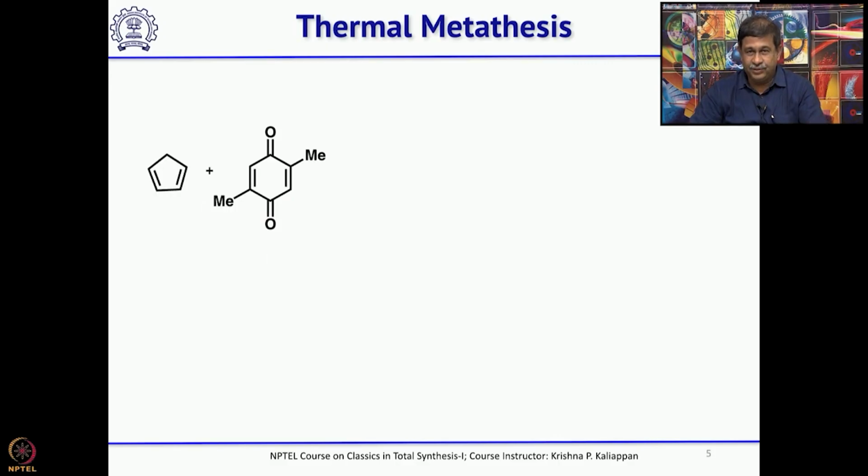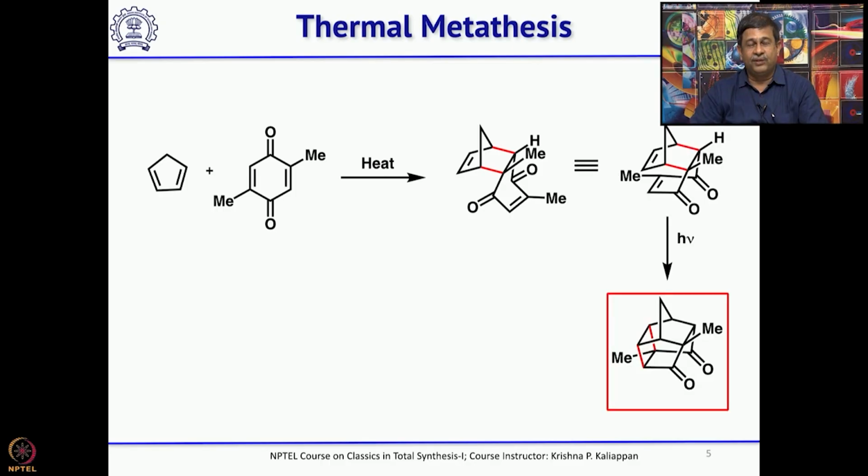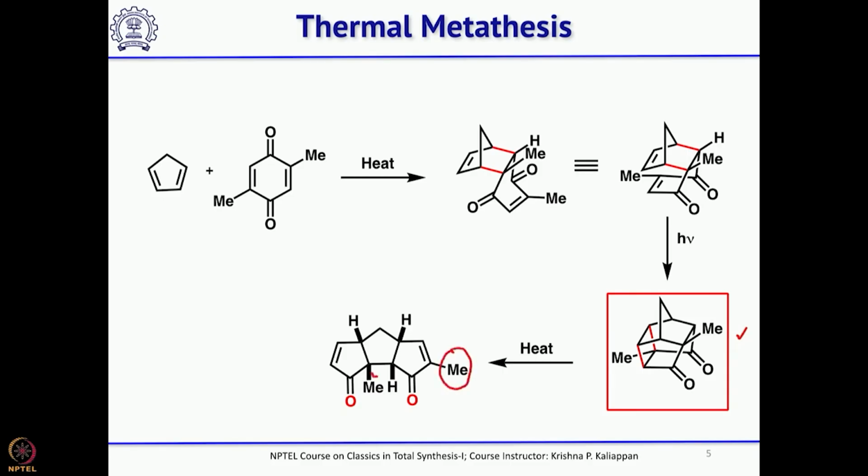So, instead of benzoquinone, if you use 2,5-dimethyl benzoquinone, you will get this tricyclic intermediate. This upon intramolecular 2+2 cycloaddition under photochemical conditions will give you this strained compound. Okay. Then you do the flash vacuum pyrolysis, you get this tricyclic compound, where compared to the triquinane which we discussed in the previous slide, we have 2 methyl groups in addition.